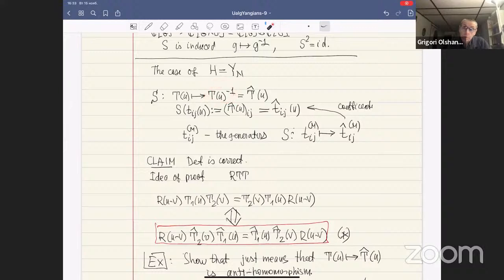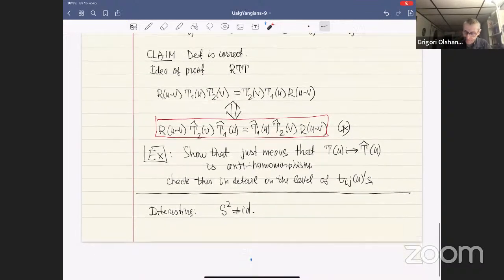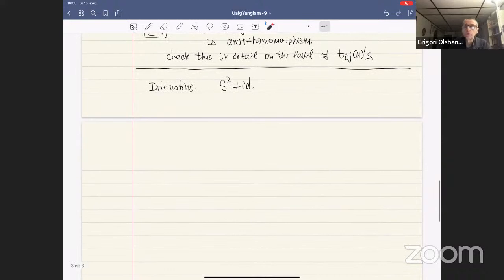We take the inverse, take the inverse again, and this should be the identity map, but it's not correct. And I want to explain why this is not correct and why the squared antipode is not the identity map.